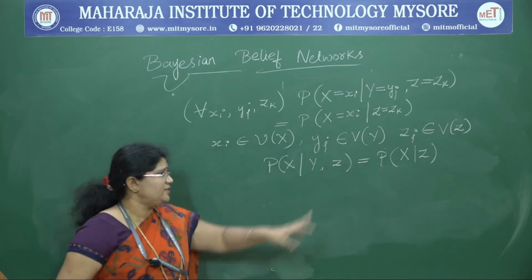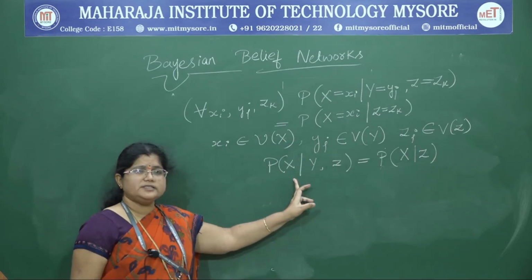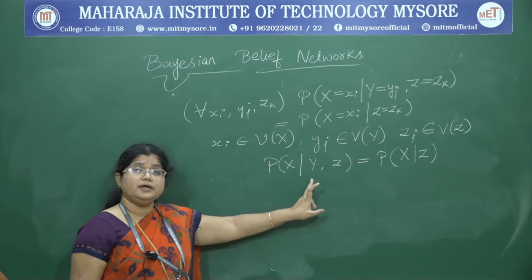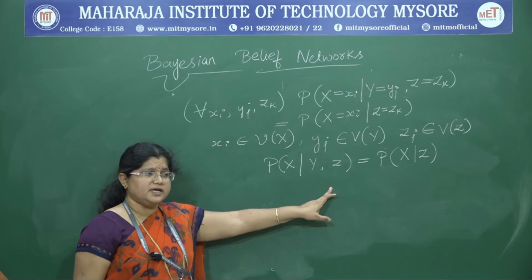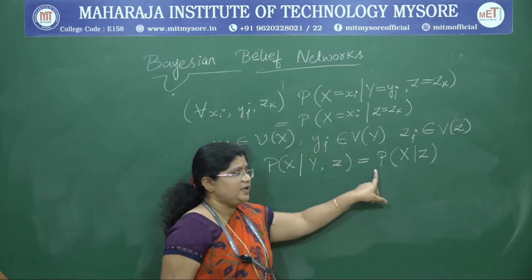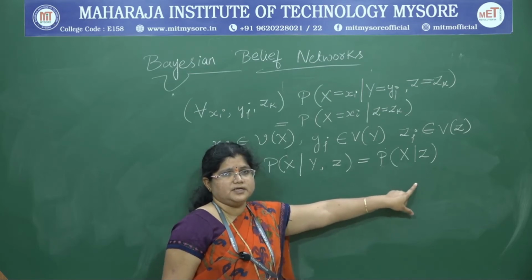When you look at this equation, we can say that x is conditionally independent of y given z. So, this expression can be rewritten as p of x given z.